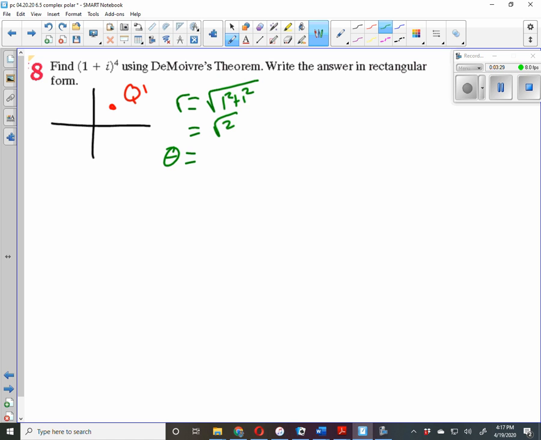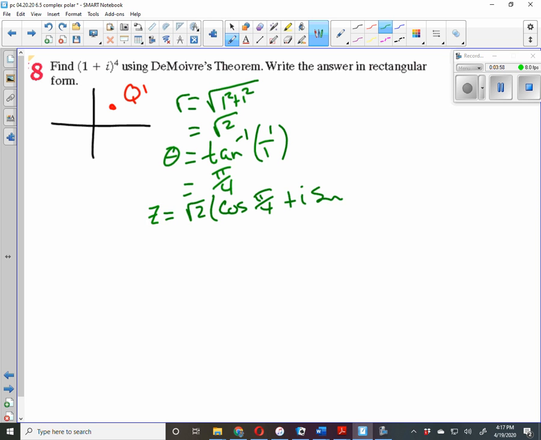Theta is equal to the inverse tangent of 1 over 1, which is 45 degrees, or theta equals pi over 4. Let's deal with radians at this point. Okay, so I know that z is equal to square root of 2 cosine pi over 4 plus i sine pi over 4.